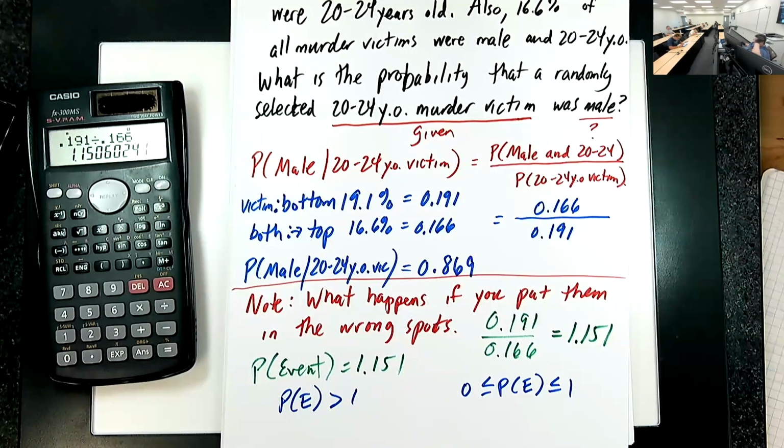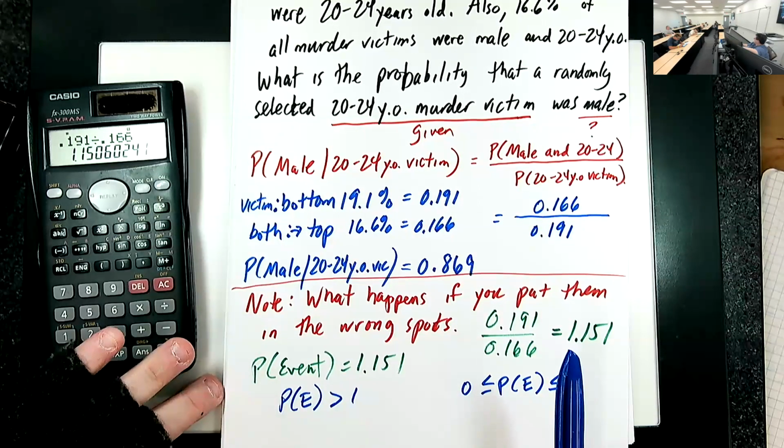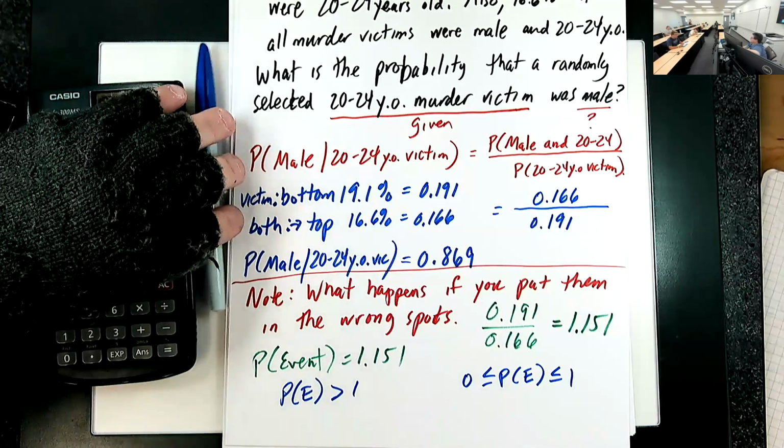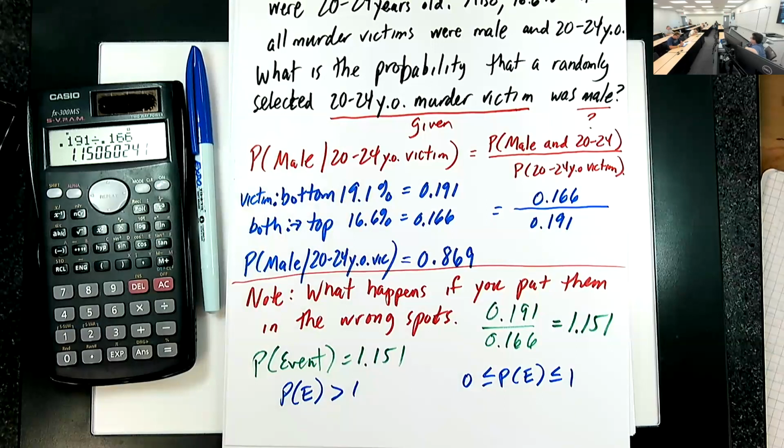If you find this happening to you, try flipping your fraction over and seeing if that's the right answer. There's a good chance you just did it upside down. With that, I'm going to stop recording, we'll take a break.